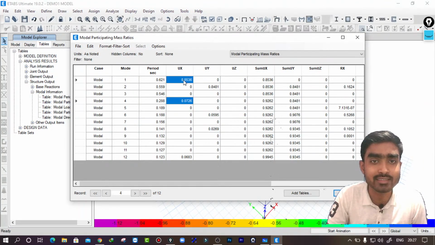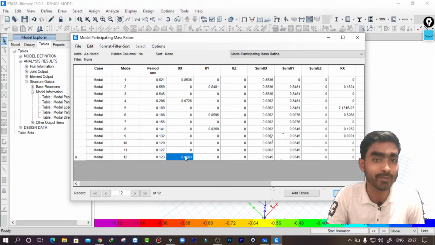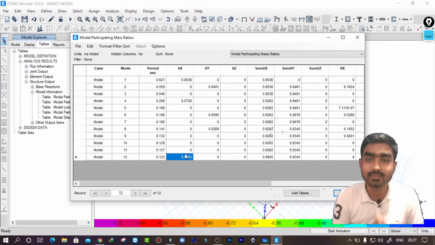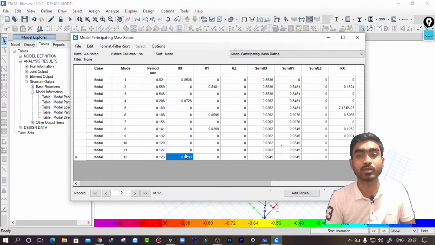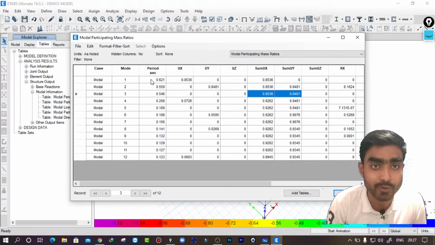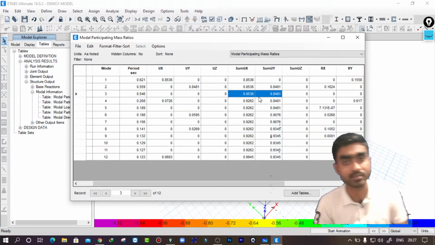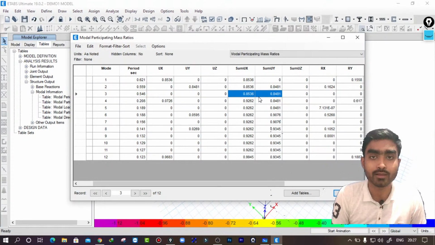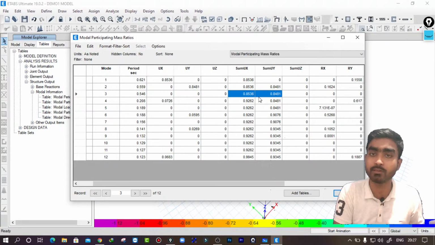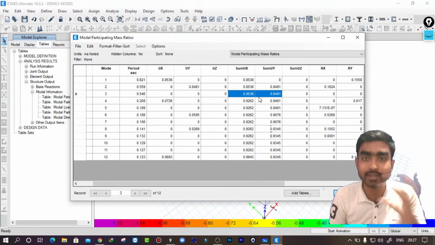You can easily say the first mode itself we have 85%, so the cumulative value of these three modes will be more than 65%. So it is not an issue here. But some practicing engineers consider the cumulative mass participation of the first three modes as the sum of UX and the sum of UY, and they check whether these values are 65%. According to their concept, this is also right. But if you compare with our code, then it is wrong.